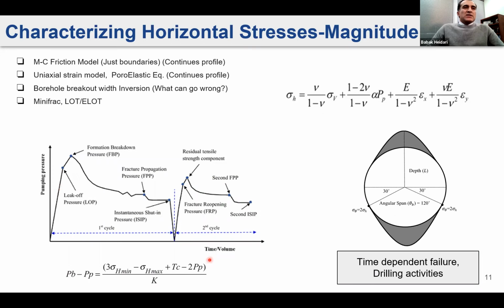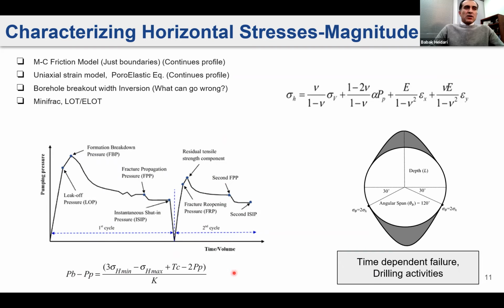And then there is a formula around the tensile failure, which happens at the time of formation breakdown. So you can use this formula, for example, to back calculate the maximum horizontal stress. This is not a very popular approach to look at the maximum horizontal stress, but still, if this data is available, this is something that can be done.